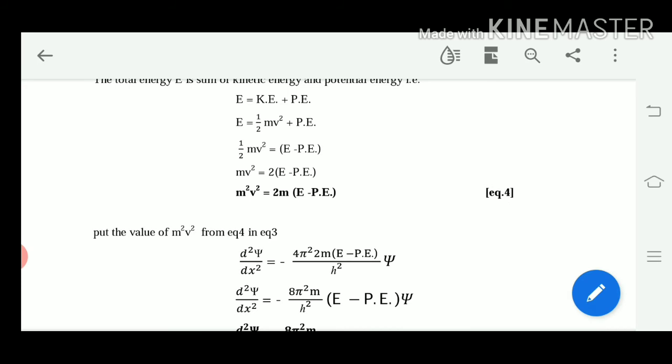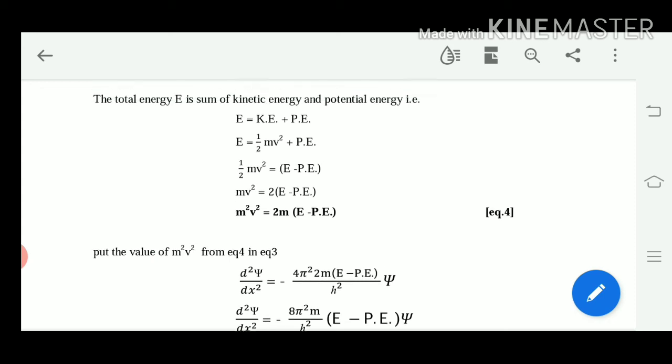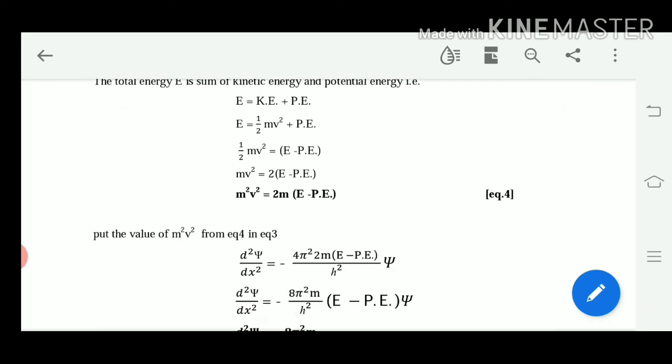Putting the value of m square v square in equation 3, dou square psi upon dou x square is equal to minus 4 pi square 2m times total E minus PE by h square into psi.